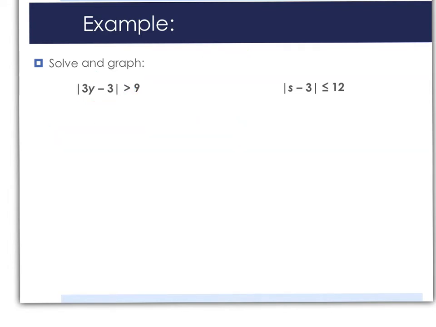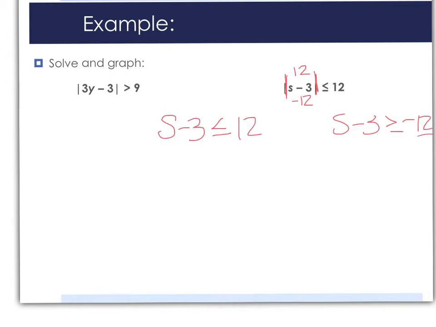In the next problem, I'm going to take a look again and see that my absolute value is alone on one side of the inequality. So I'm going to write that up with s minus 3 then has to either be 12, that absolute value, or it can be negative 12. So I'll write my two inequalities. s minus 3 will be less than or equal to 12, or s minus 3 will be greater than or equal to negative 12.